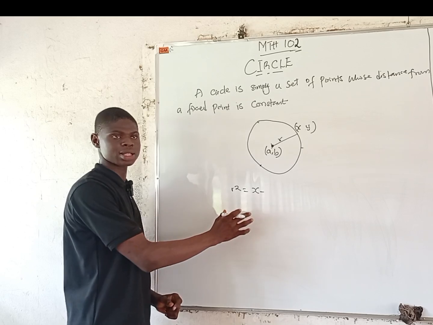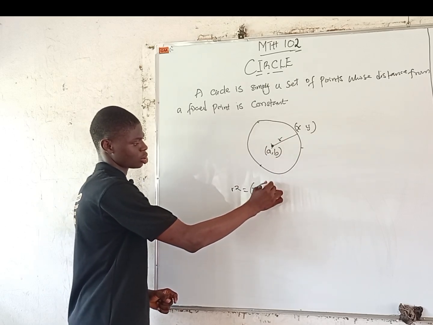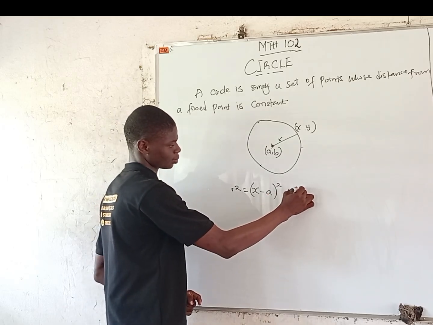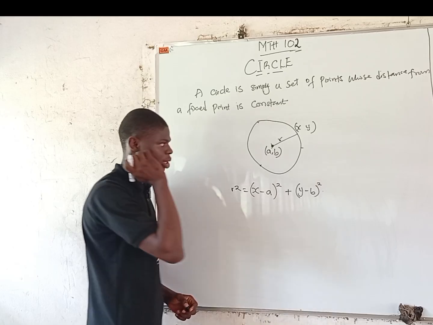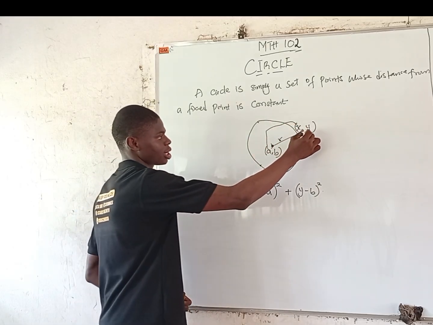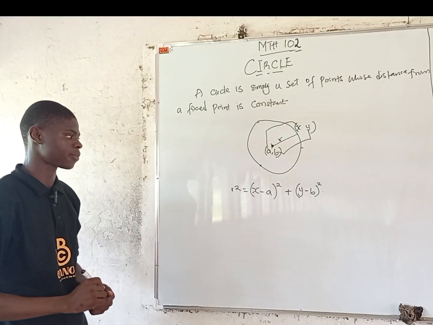So the formula to get this radius is going to be x minus a squared plus y minus b squared, simply implying subtracting the value of a from x, subtracting the value of b from y.